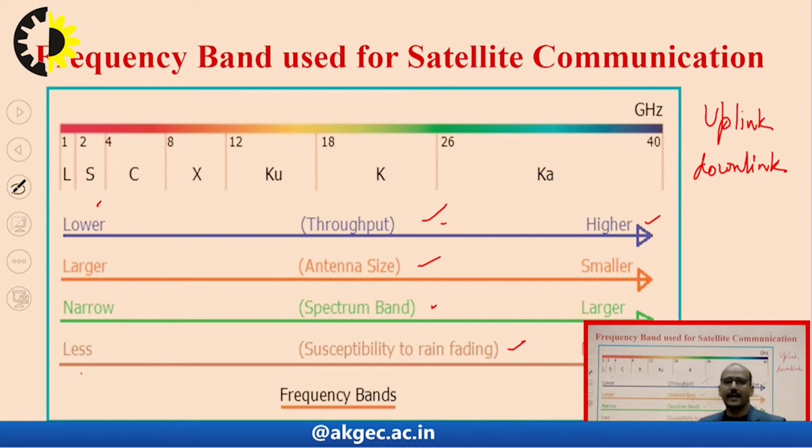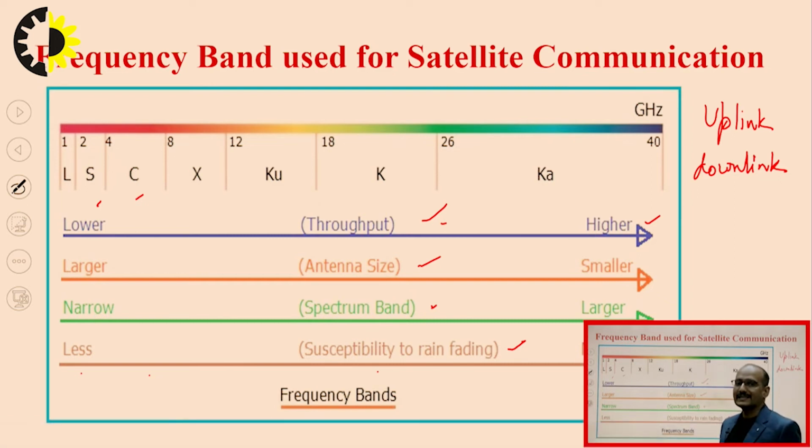I told you at that time that at C band the fading is less, and as frequency increases, the outer atmosphere of Earth will create more fading or more attenuation in the signal transmission. So from the susceptibility point of view, as frequency increases, susceptibility to rain fading or path loss attenuation will also increase.